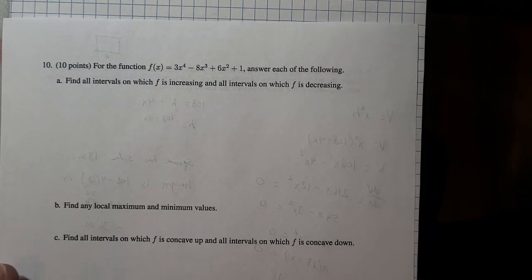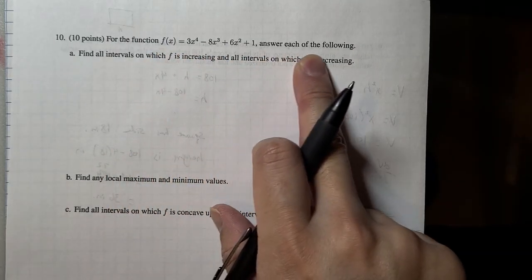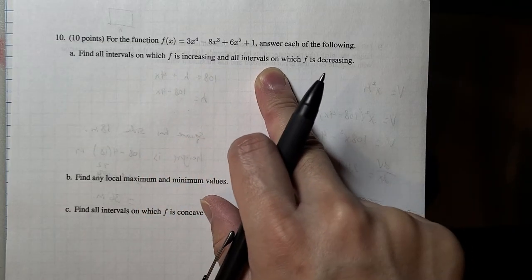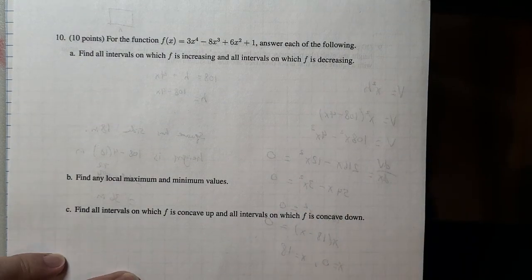Okay, let's do the last problem. For the function of this guy, answer each of the following. Find all intervals on which f is increasing and all intervals on which f is decreasing. Okay, so how do we do that?